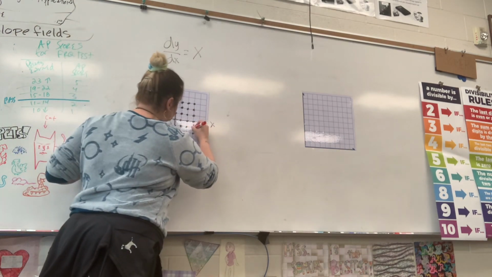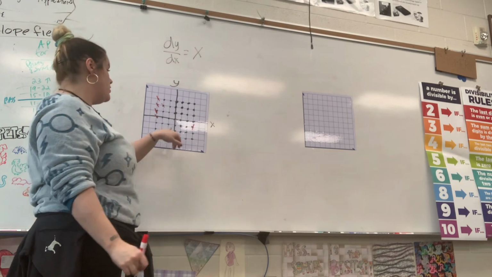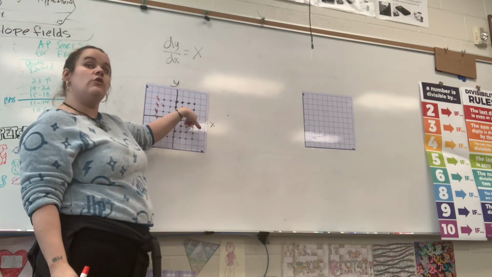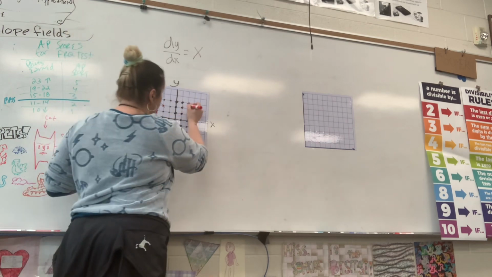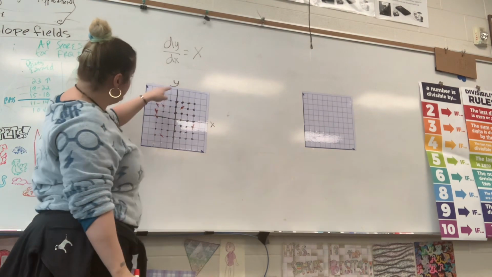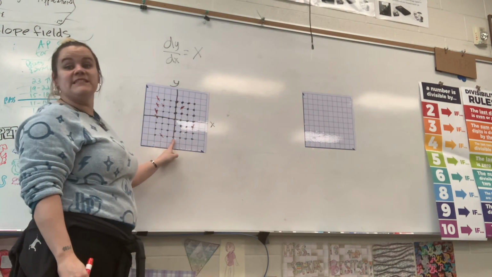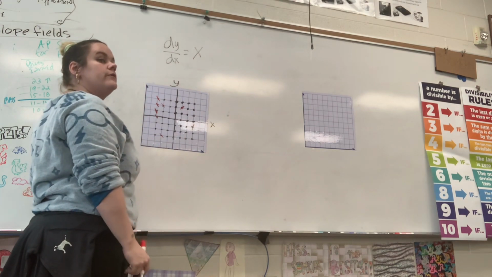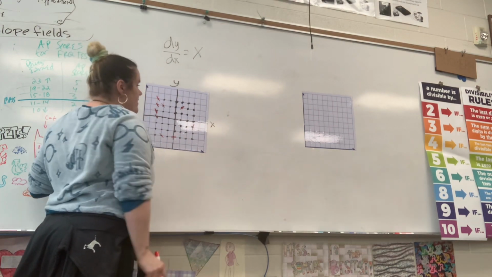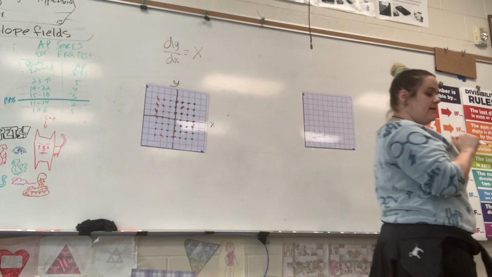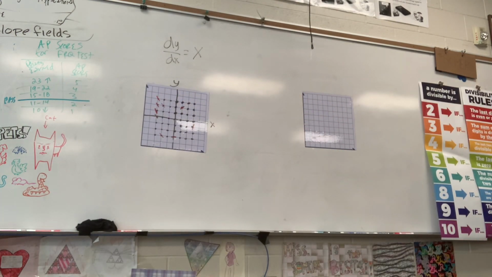Okay. How do we draw a zero slope? Okay. Finish the slope field. Okay? I want you to fill in all the dots.